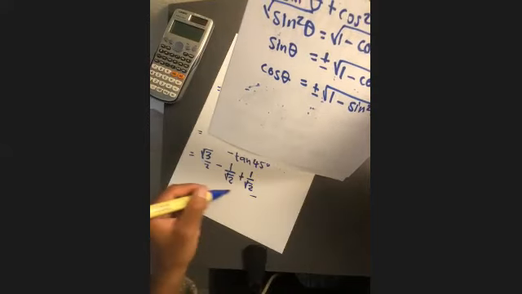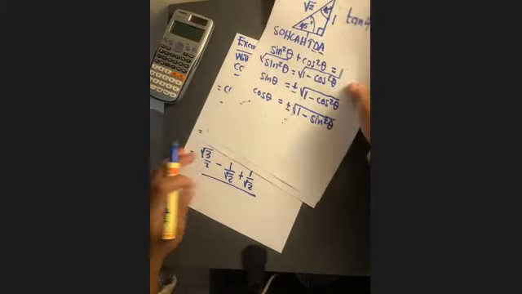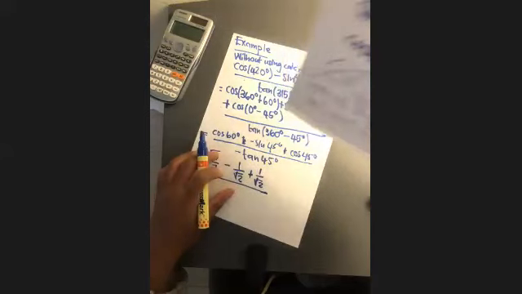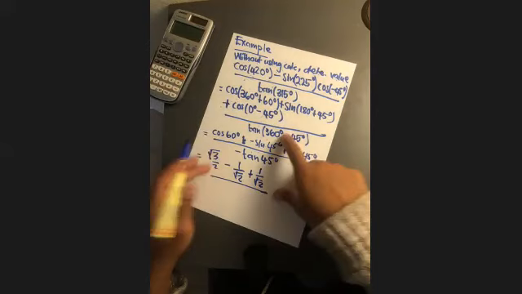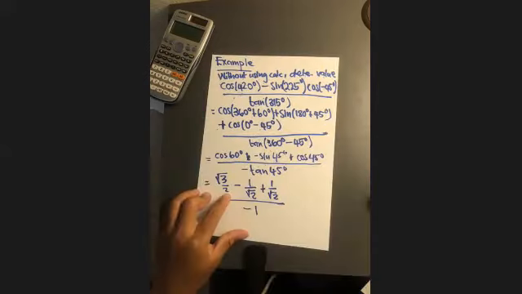And then the tan of 315, from analytical geometry, is equal to minus 1. And that part you simplify and then get your answer.